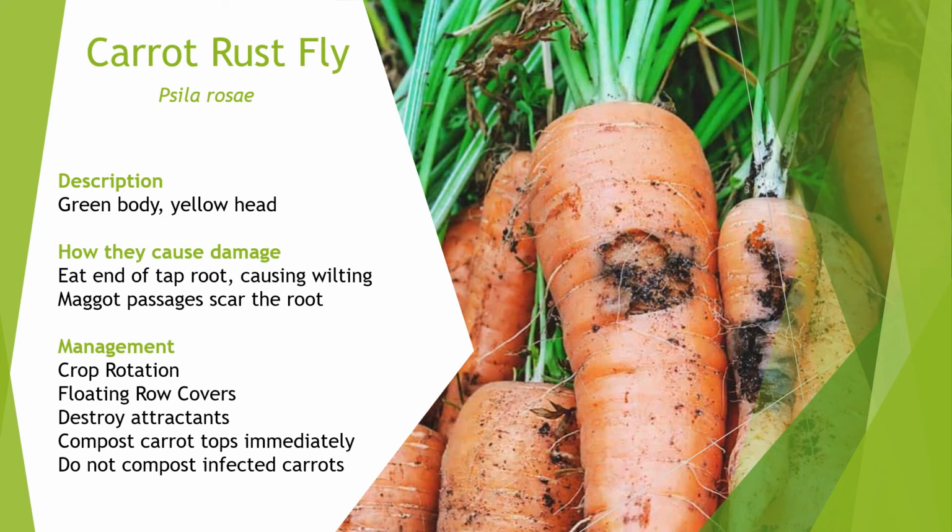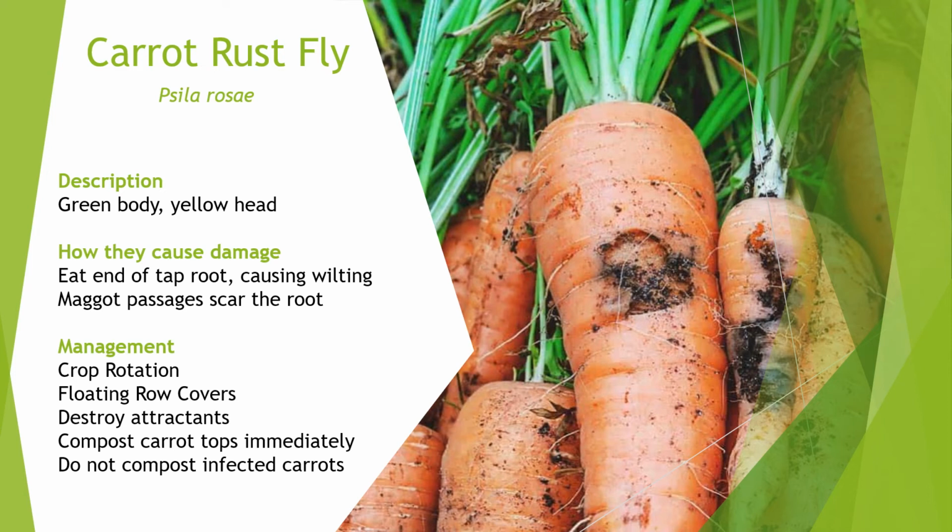Next, we have carrot rust flies. Carrot rust flies can scar root vegetables. It makes them inedible, unfortunately. Floating row covers, if you install them early in the season, early in the spring, can prevent the flies from laying their eggs. And you also want to do some destroying.